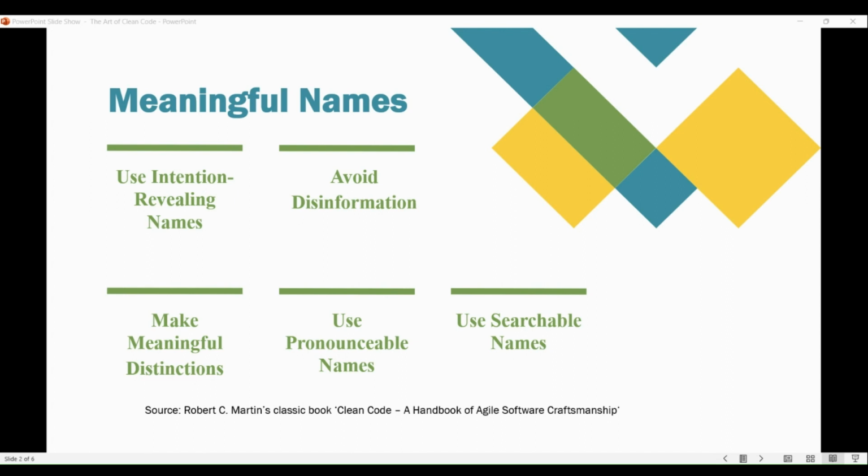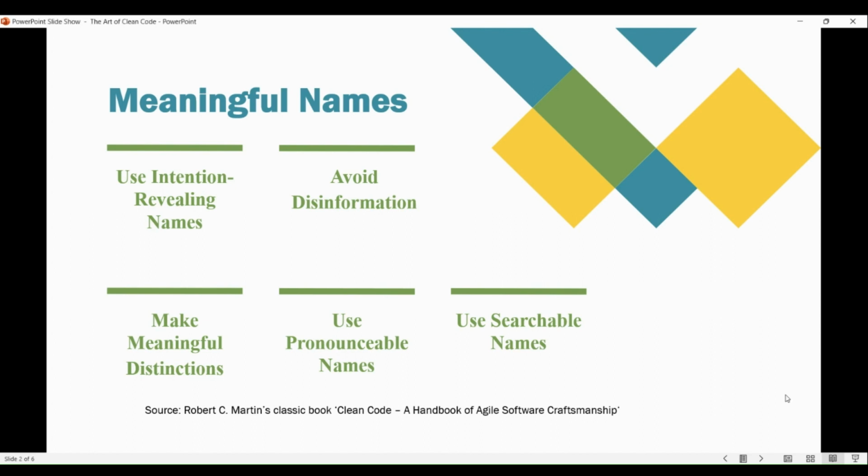It should tell you why it exists, what it does, and how it is used. If a name requires a comment, then the name does not reveal its intent. Choosing names that reveal intent can make it much easier to understand and change the code.